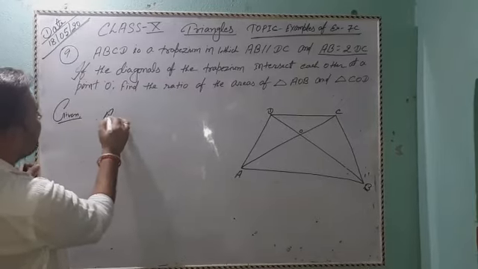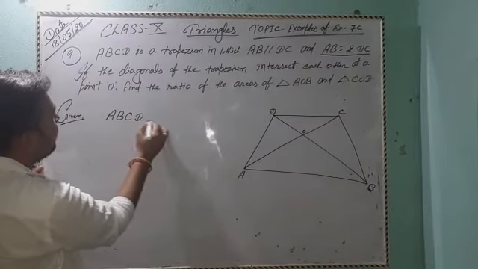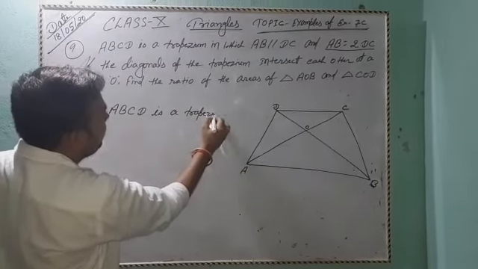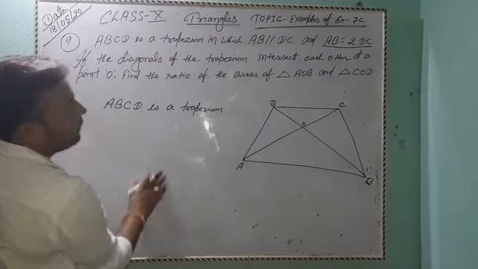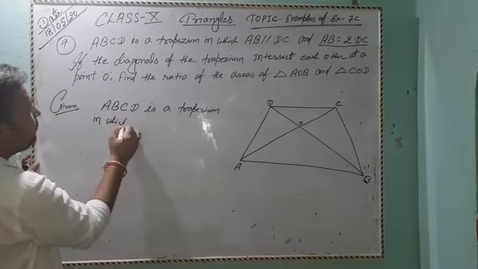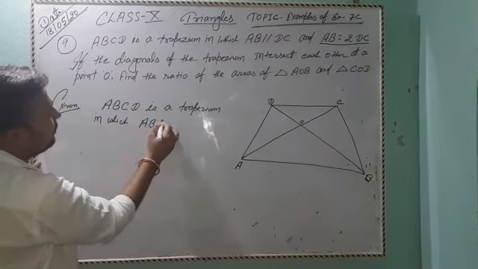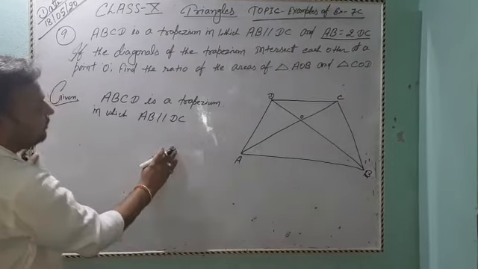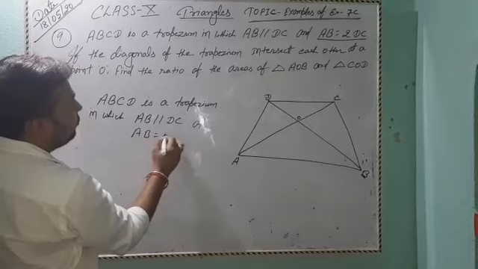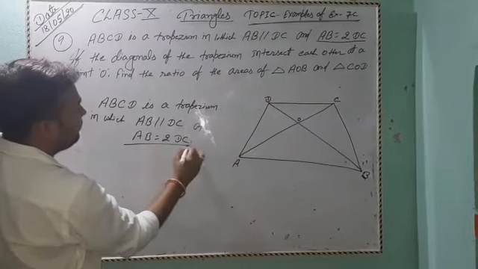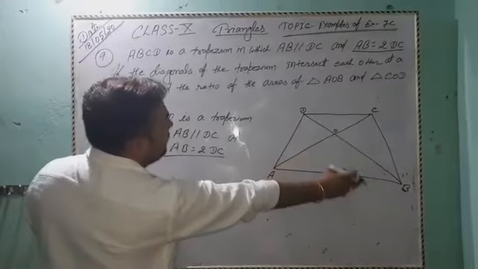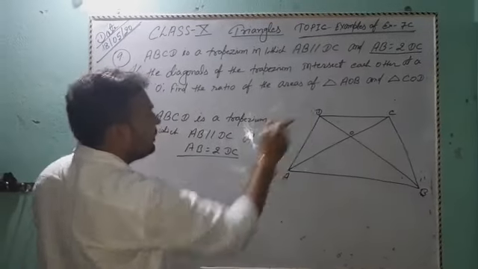Given: ABCD is a trapezium in which AB parallel DC and AB equal to 2DC. Find the ratio of triangle AOB and triangle COD.